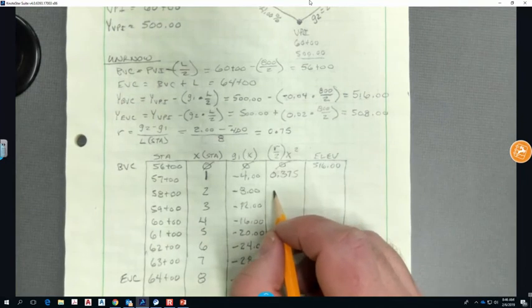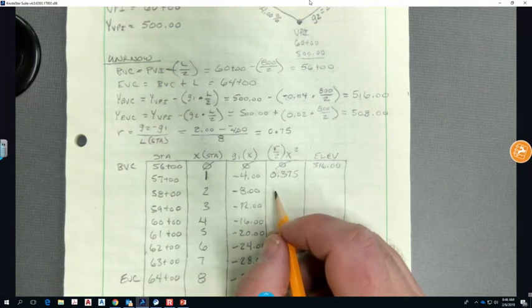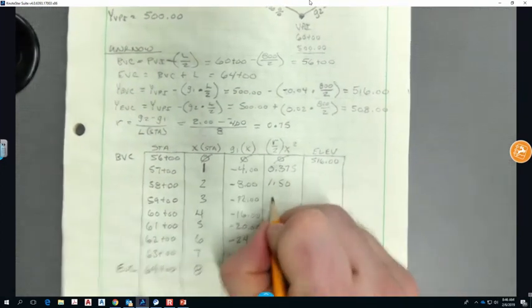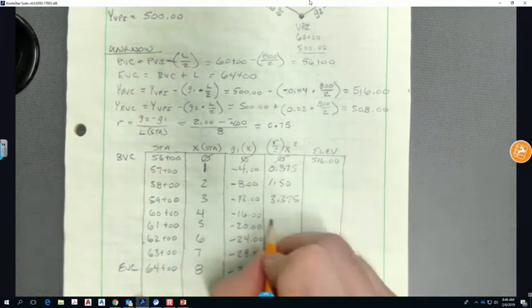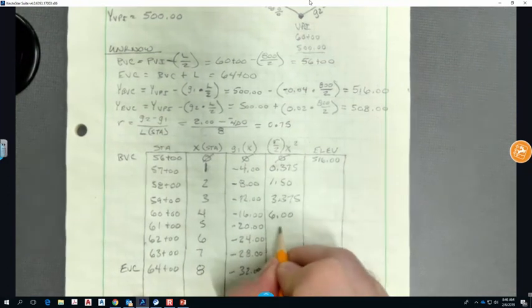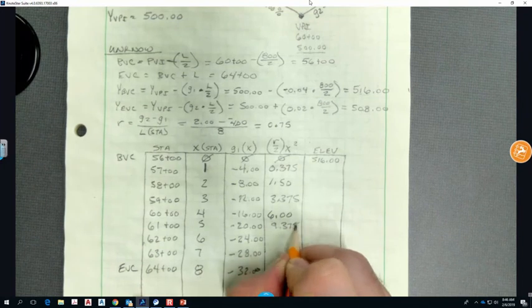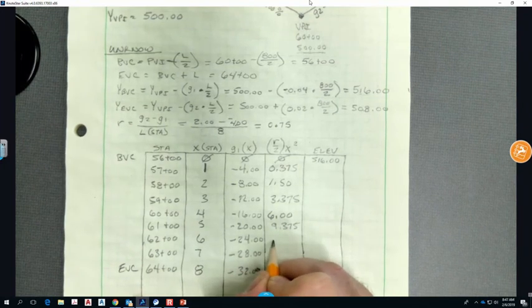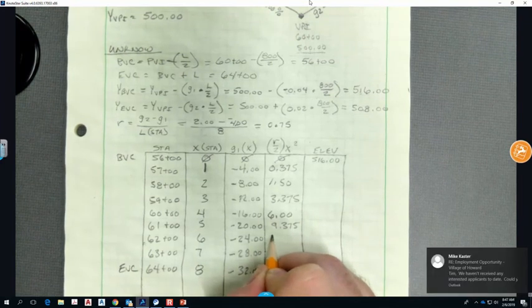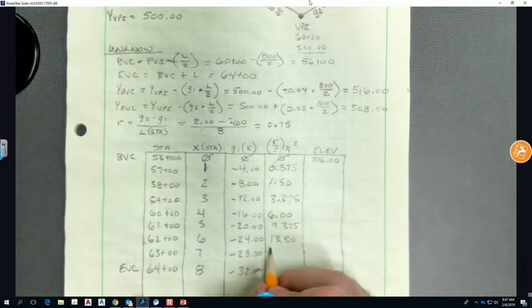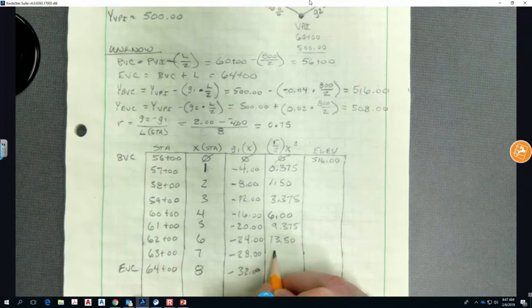All right, so give me the rest of them. So 58 plus 00. Let's speak up so I can hear it. 1.50. 3.375. 6.00. 9.375. If you pay attention, there's a pattern happening here. 13.50. The next one should be 16.375, right?